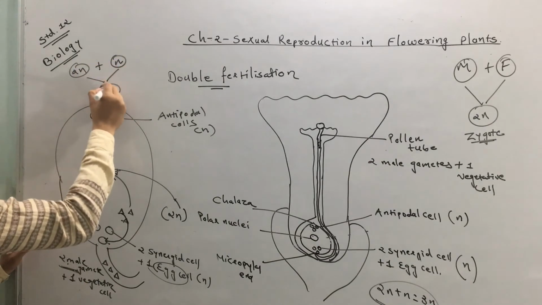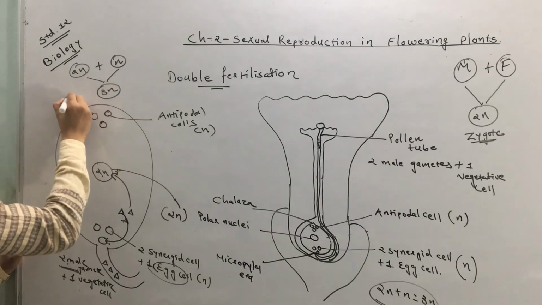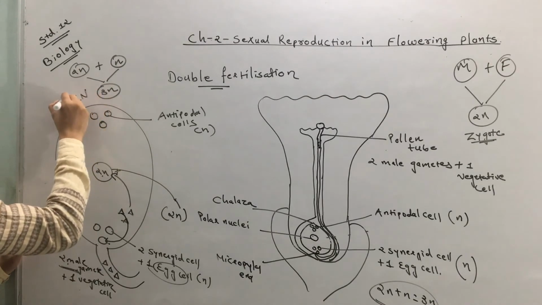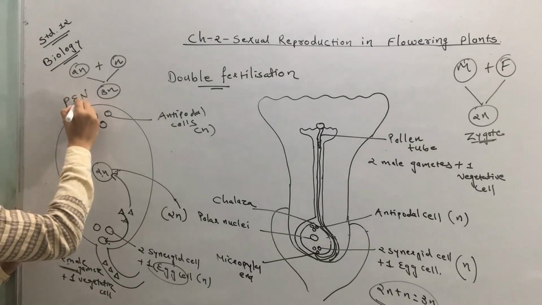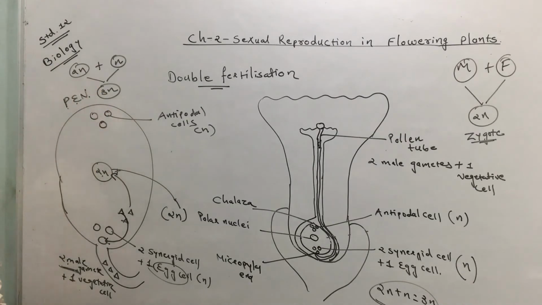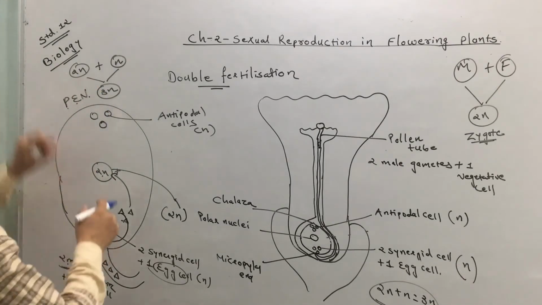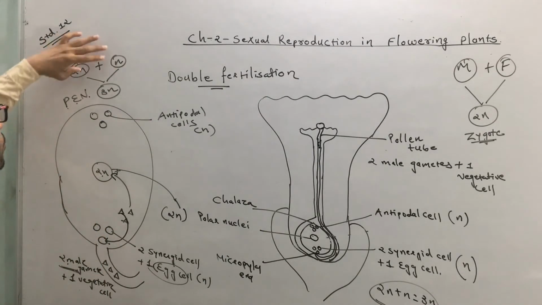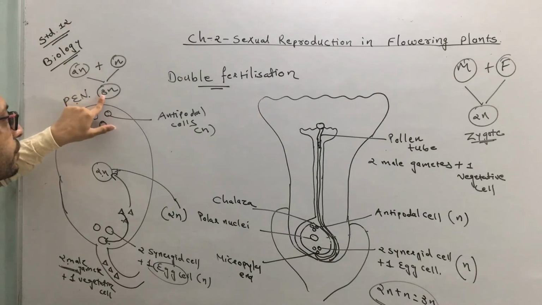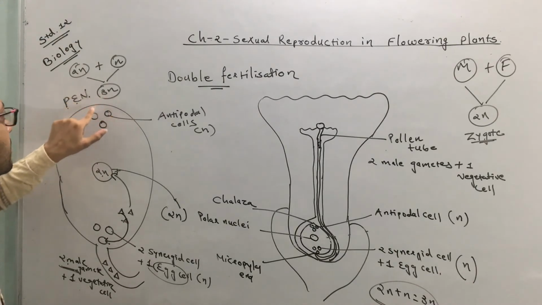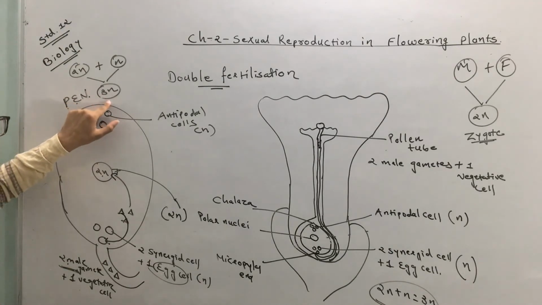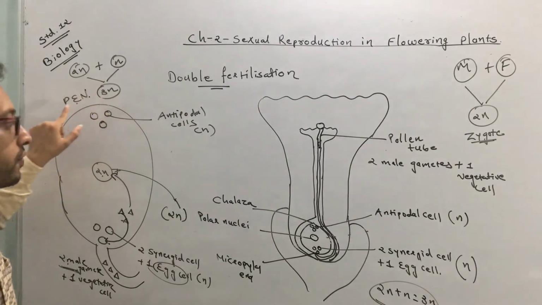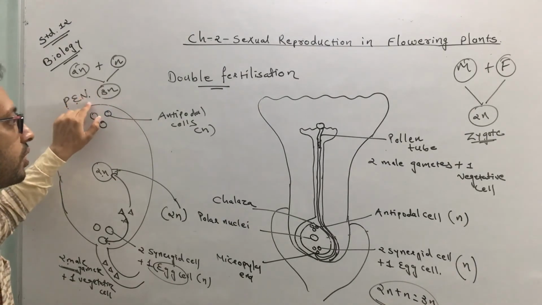Both fuse together to form a 3n triploid cell, which we call the PEN, primary endosperm nucleus.